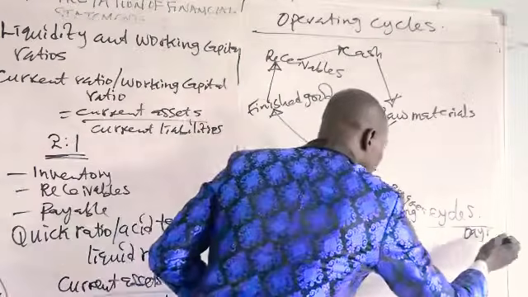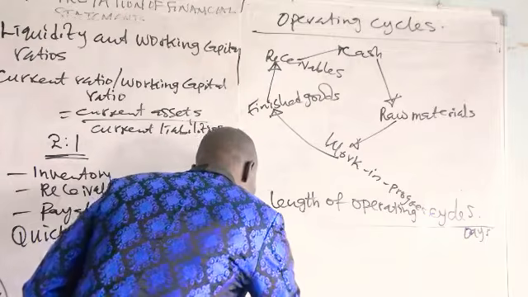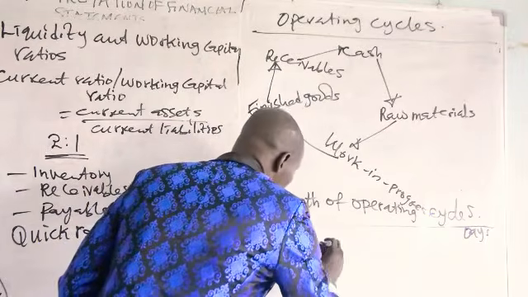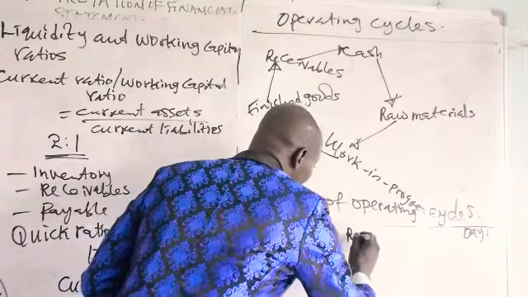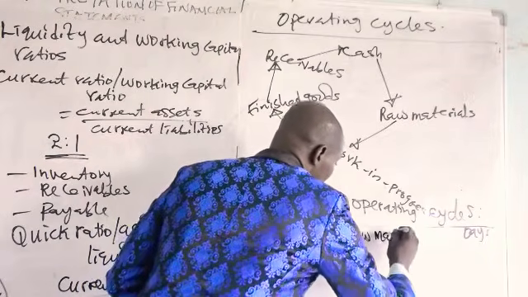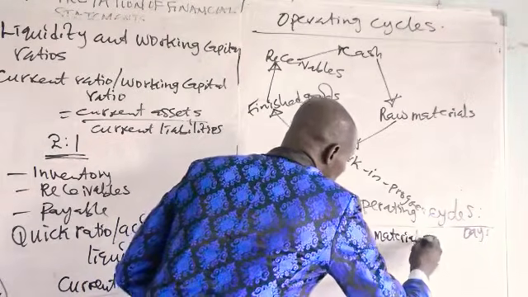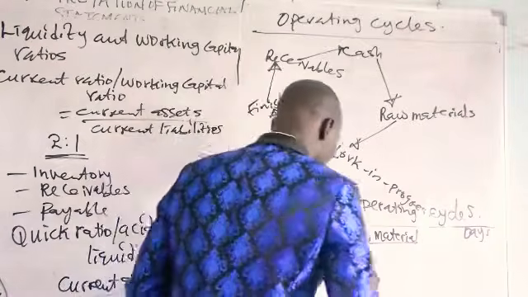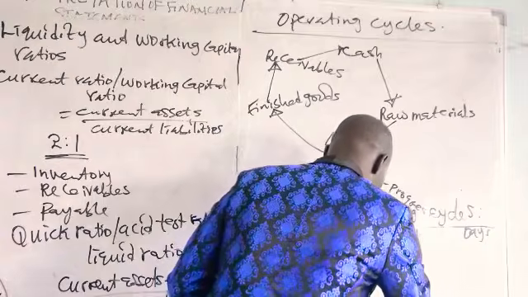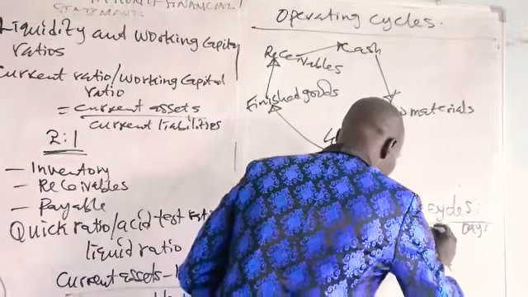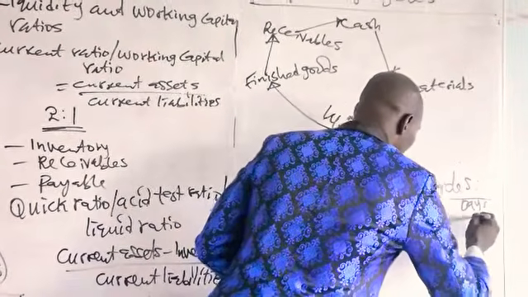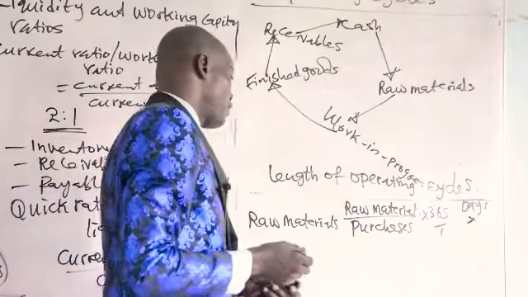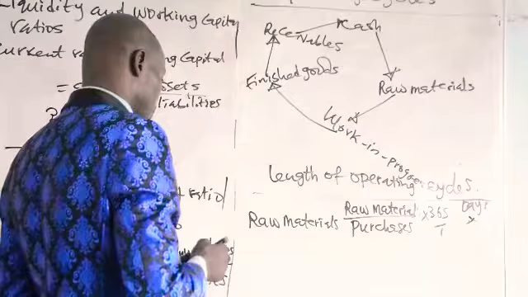So you can compute the raw materials conversion period. That will be raw materials over purchases times 365. And where you don't have purchases, you can use cost of sales.